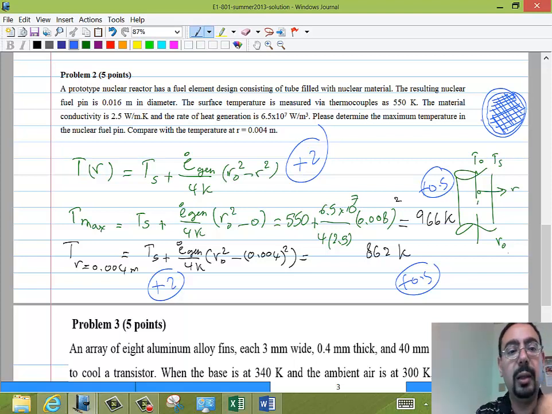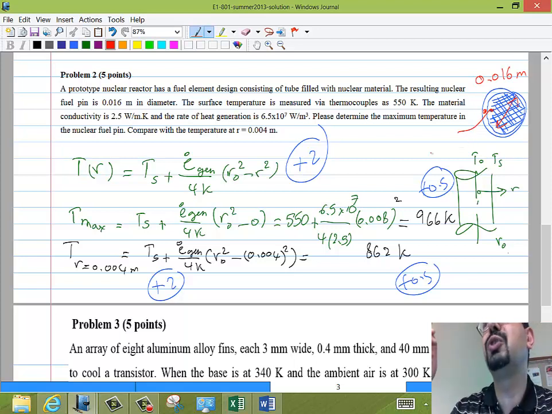Okay, and the fuel pin, I showed you a picture of this in the slide, but he said this is 0.16 meter in diameter, and the surface temperature is measured using a thermocouple as 550. We don't know the thickness, so it's just the surface temperature, and it's so thin that there is no real difference between the outer surface and the inner surface.